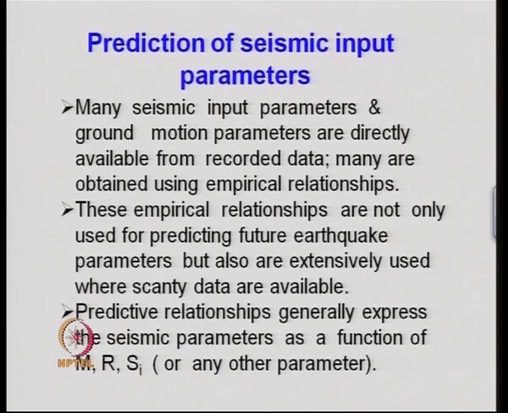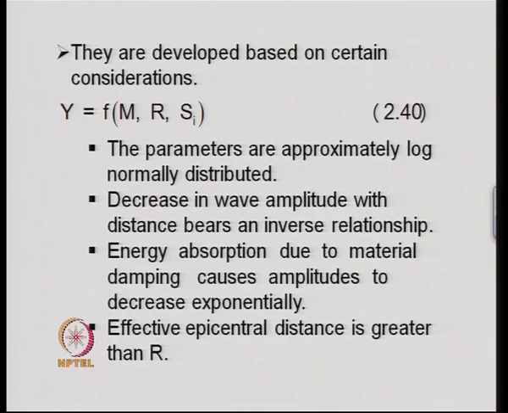For example, it could be peak ground acceleration, intensity, or any other quantity of interest. They are developed based on certain considerations. Equation 2.40 shows the predictive equation, and its form is generally a function of magnitude, epicentral distance and any other important parameter, as I told before.